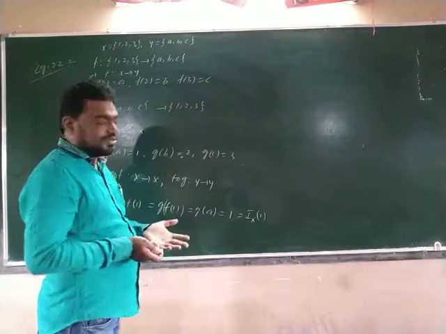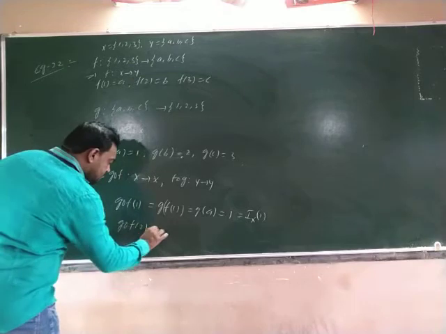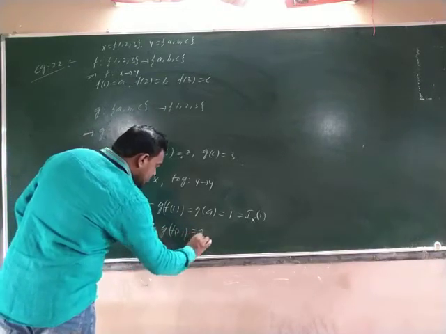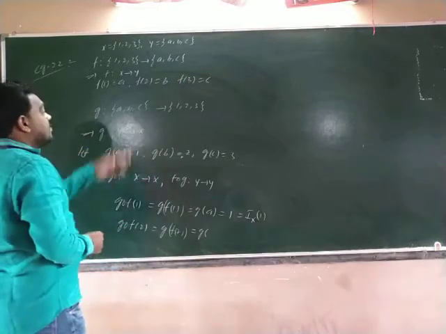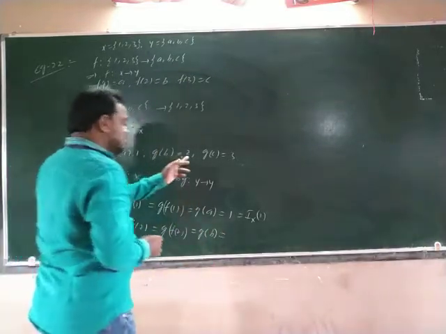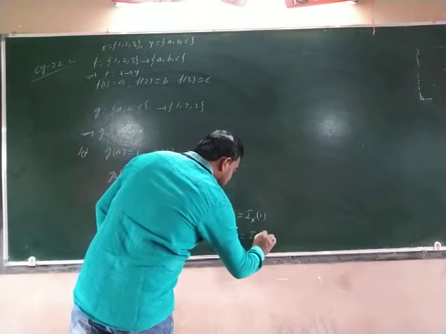Next, g circle f of 2 is g of f of 2. f of 2 equals b, then g of b is equal to 2, which is ix of 2.